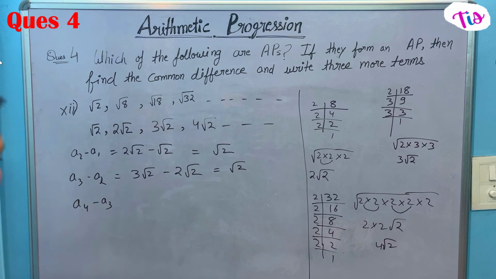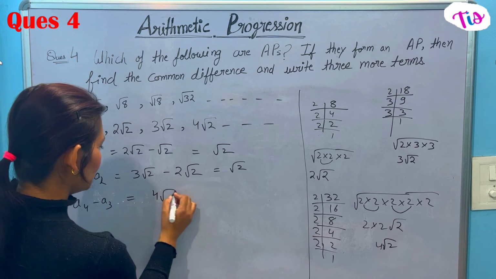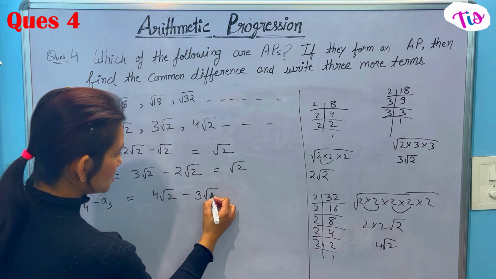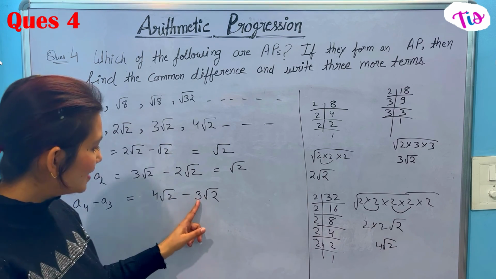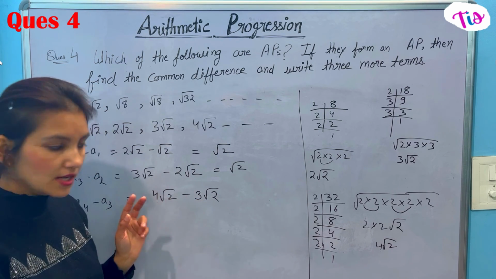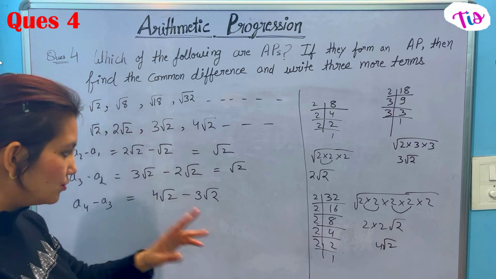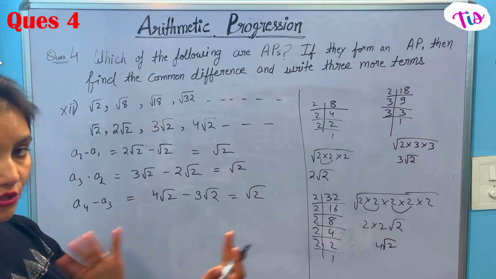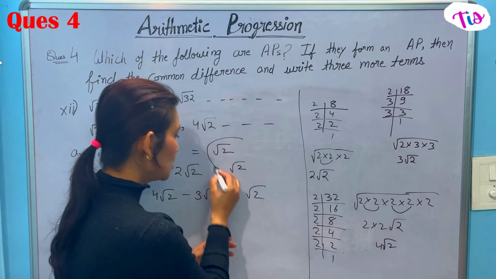A4 here is 4 root 2, and 3 root 2 is A3. So 4 root 2 minus 3 root 2, that is 4 minus 3, which is 1 root 2. That is root 2. So we can see that the difference of two consecutive terms here also is constant.